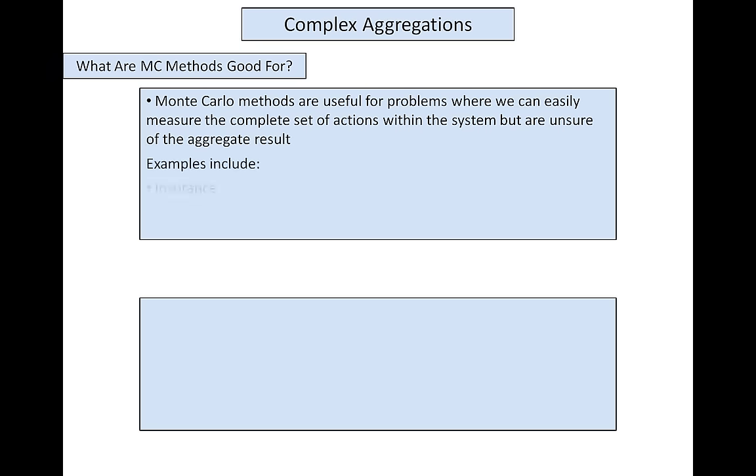Examples of this include insurance, which is actually dear to my heart because I've worked in the industry applying Monte Carlo methods for insurance. Sports are another absolutely excellent example. I've seen really good Monte Carlo analysis on different sporting strategies. And another example is demographics.